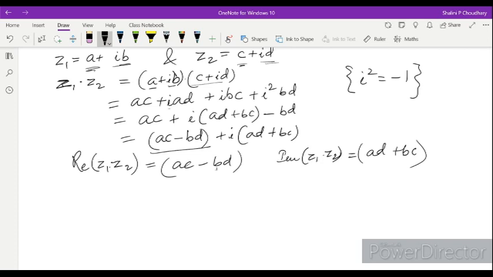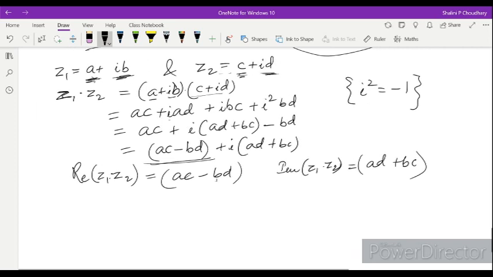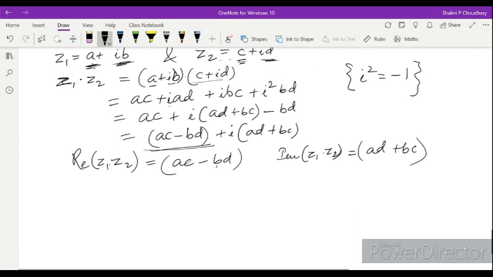So we multiply the real parts, and the imaginary parts we multiply with a minus sign. Remember this: ac minus bd. Then we multiply real with complex and complex with real, and whatever we get should be in the imaginary part. So ad plus bc.